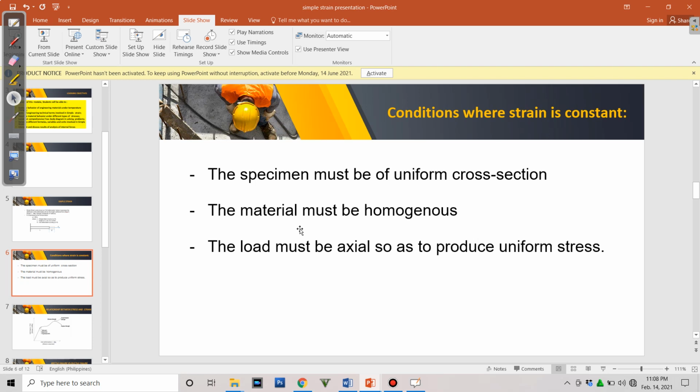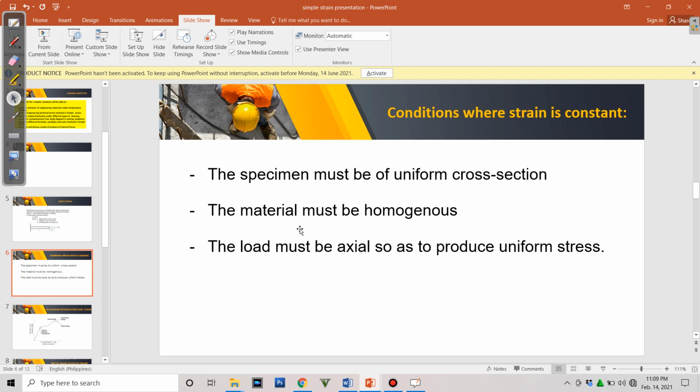Second, the material must be homogeneous. When we say homogeneous, there will be only a single material along the cross section.